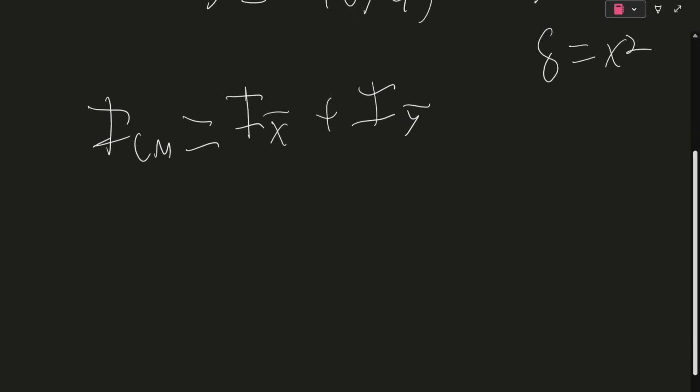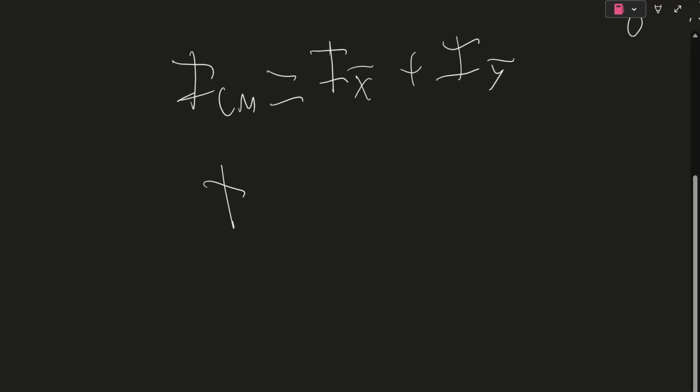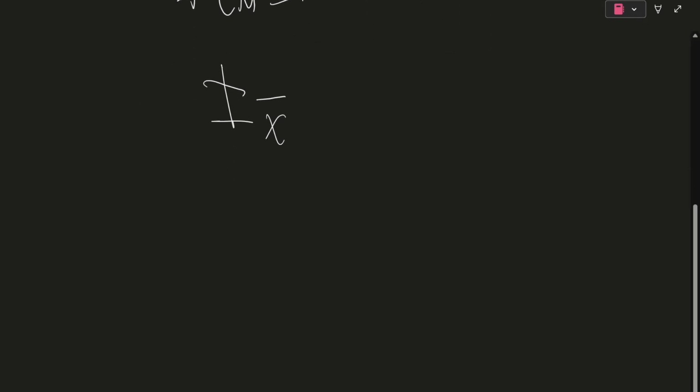And this comes from the parallel axis theorem. But in order to do this, we actually need to find a moment of inertia about our x value and about our y value.